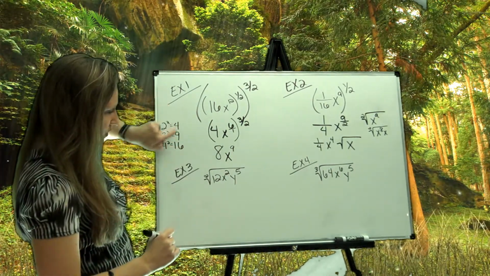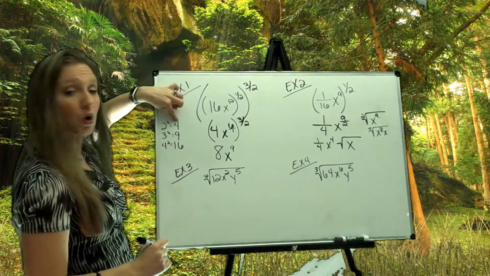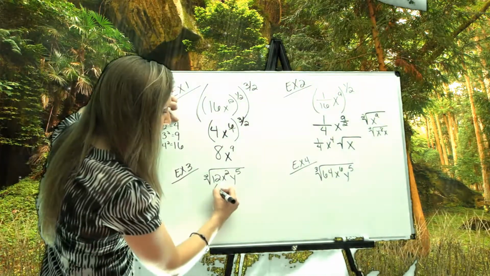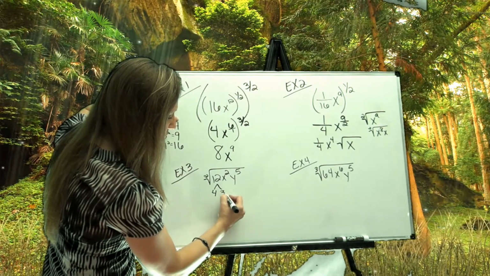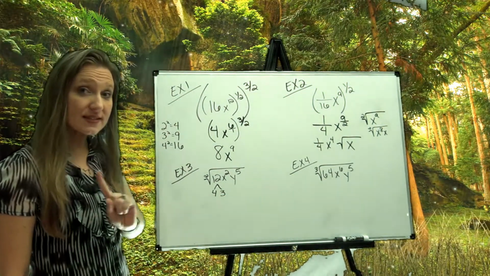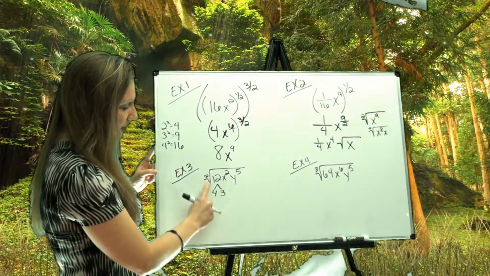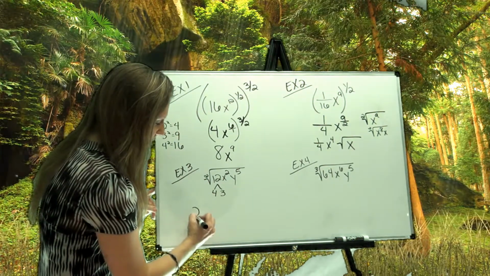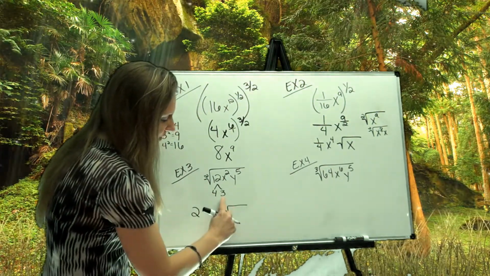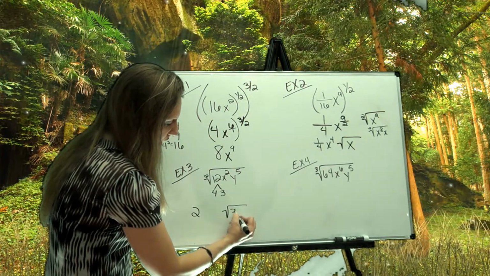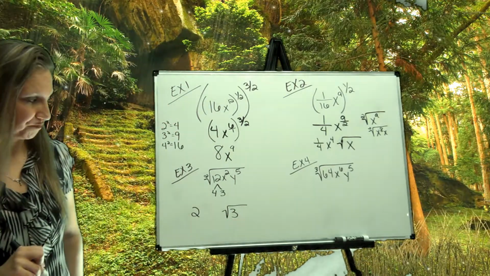If we start thinking of these perfect squares, we know that 4 will go into 12. 4 goes into 12 3 times. This is helpful because I can take the square root of 4. That is 2. But since the 3 is not perfect, I have to leave it inside the radical.